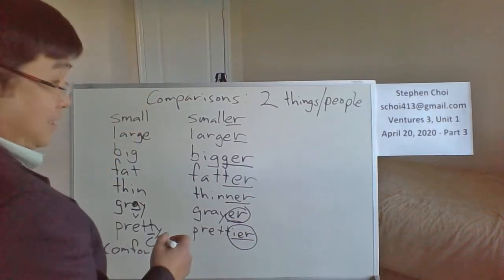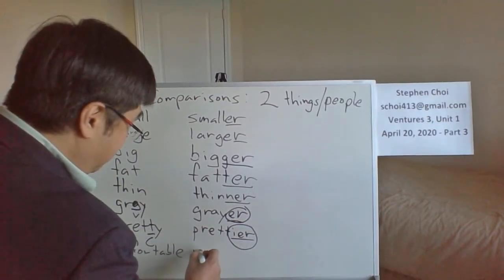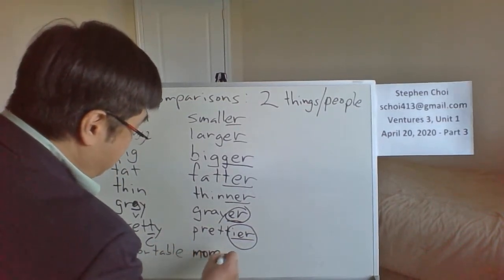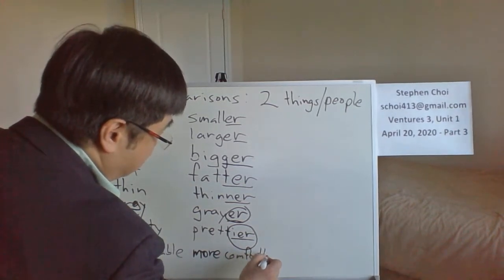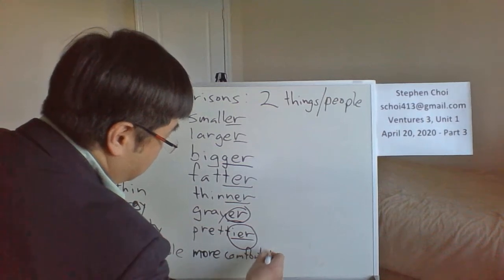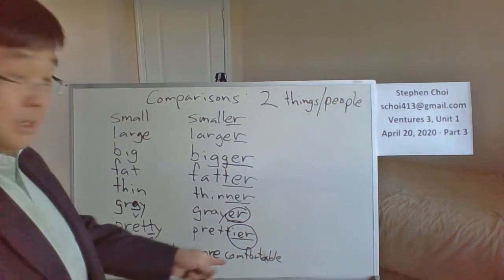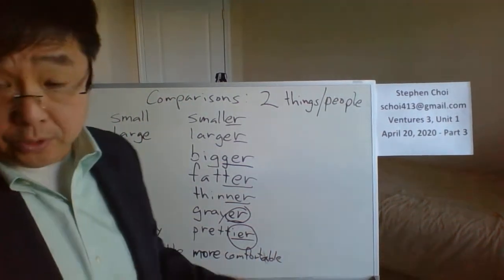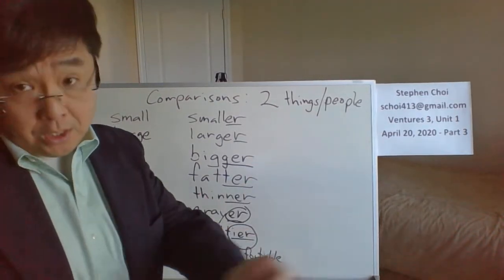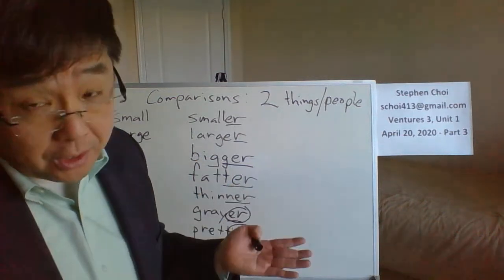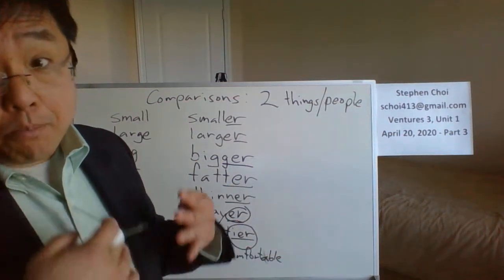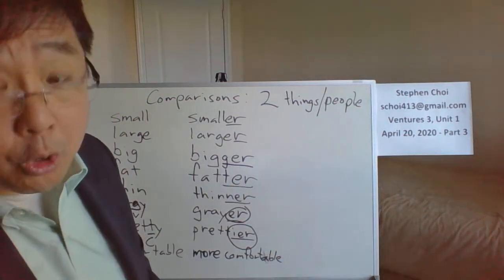The other chair is, you say, more comfortable. And same thing with beautiful. She is beautiful, but her mother is beautifuler? No. Her mother is more beautiful.